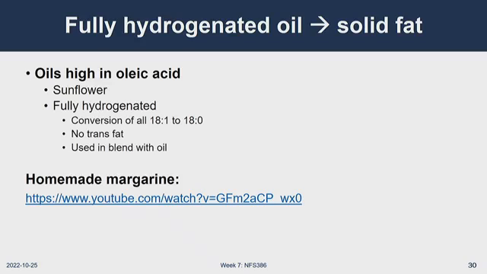Here we will have a conversion of all the monounsaturated fat to a saturated fat. In this case, we are sure that we don't have trans fat. And then this specific modified or novel high oleic oil can be used in a blend with oil for either frying or for food processing.